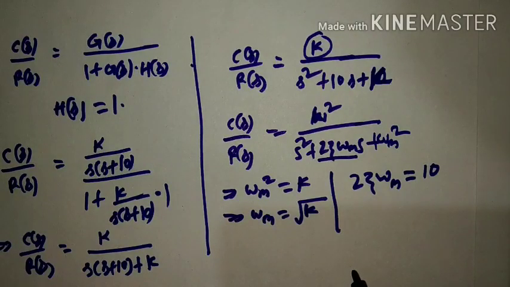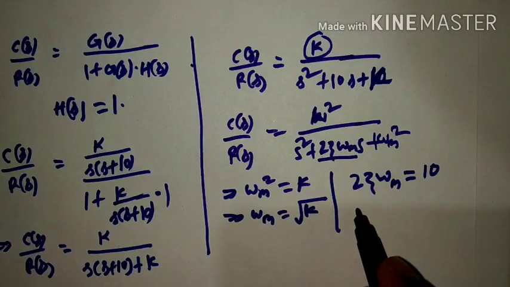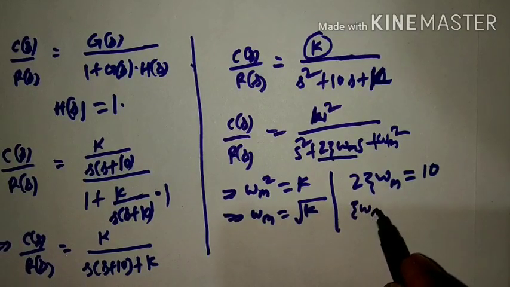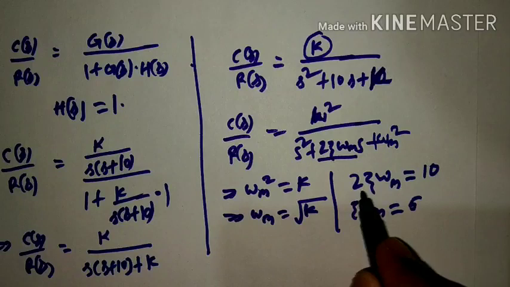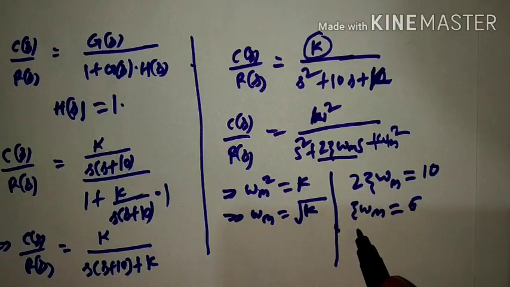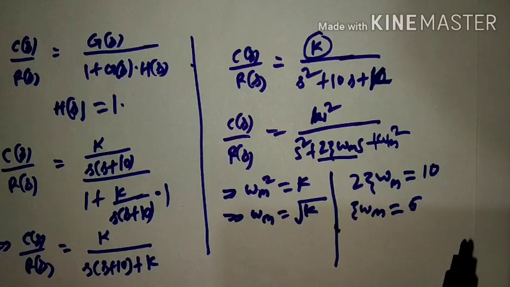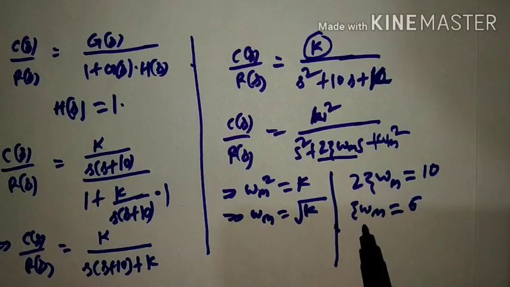Here zeta omega n is equal to 5. The zeta value is already given as 0.5.